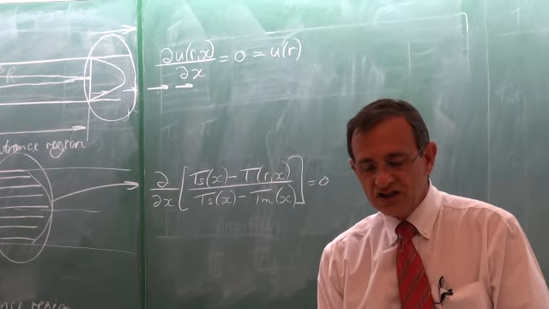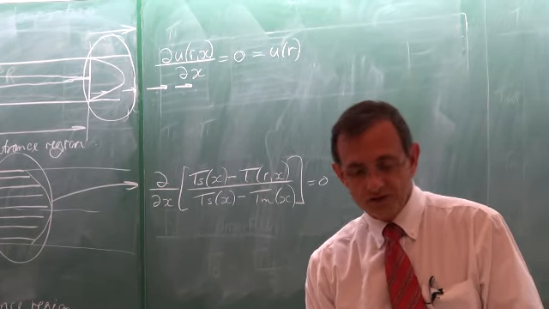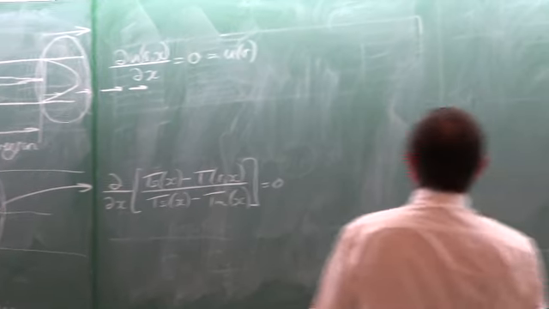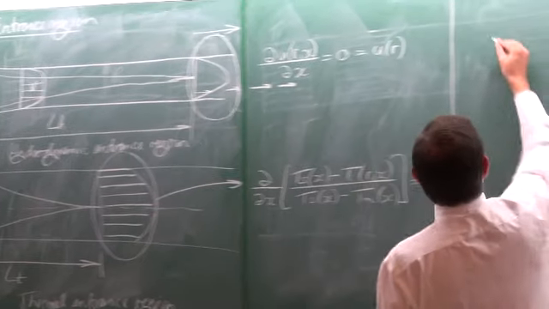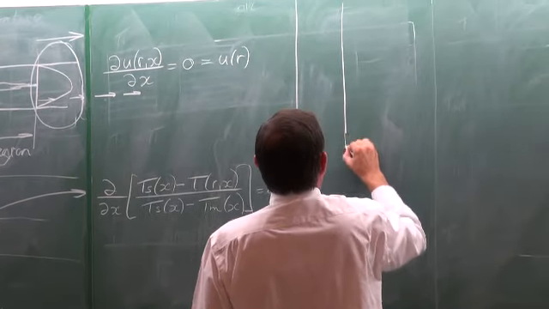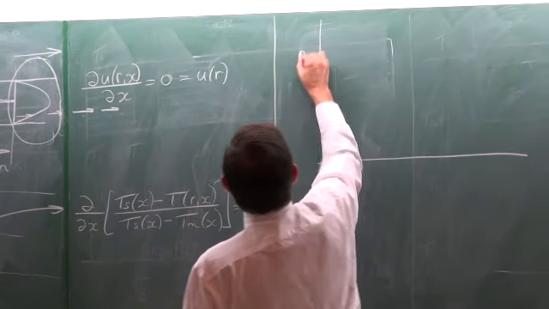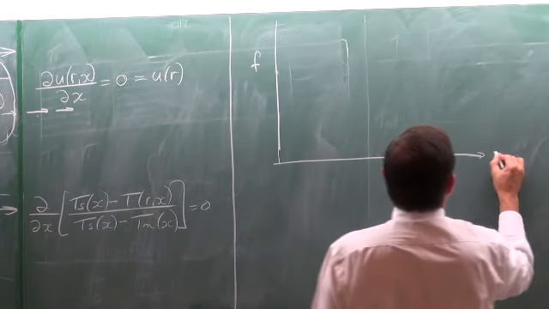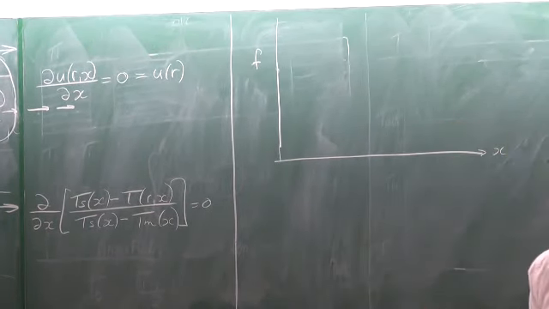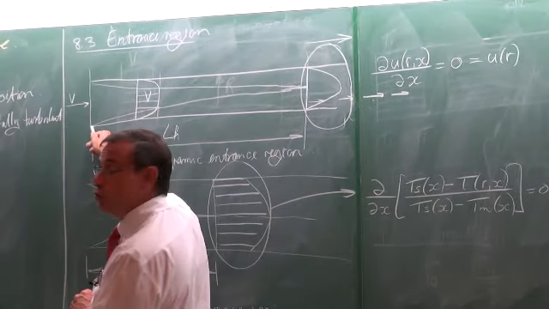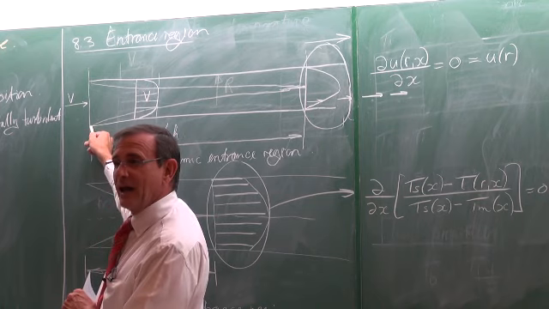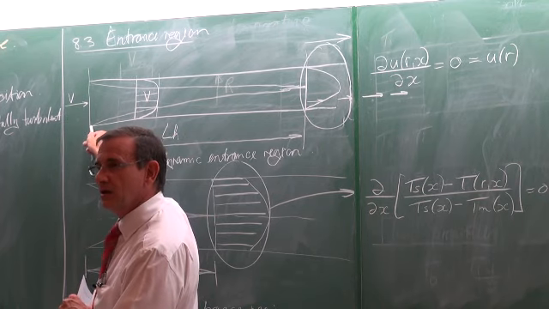Let's rather sketch it as two different graphs. In this case, we would be interested in the friction factor. If we look at the friction factor as a function of x, then at this point here, the velocity gradient will be the largest.